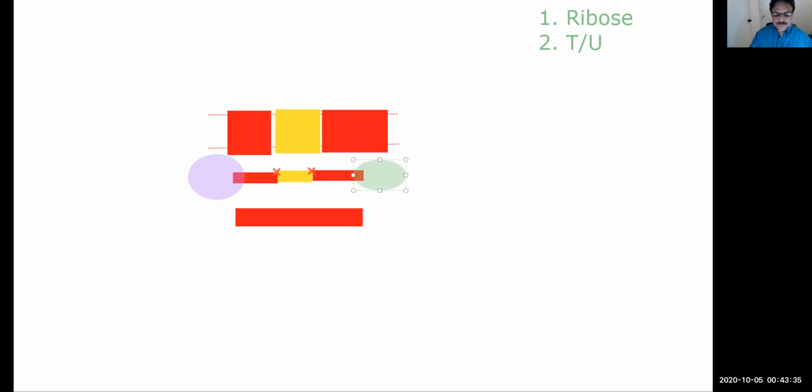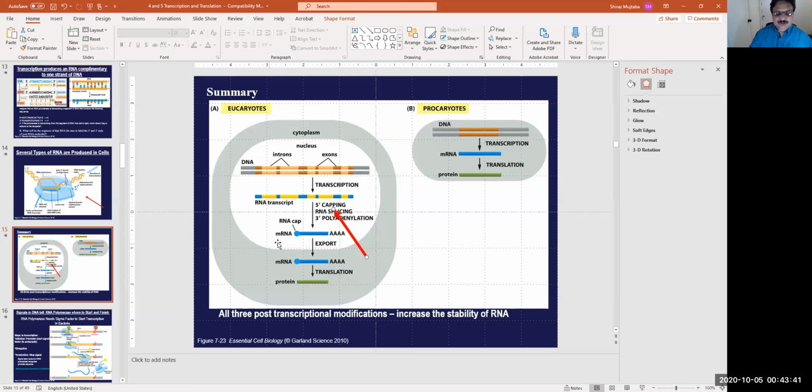And then the mRNA that comes out after splicing out the introns is exported out to the cytoplasm. Why to the cytoplasm? Because the cytoplasm has ribosomes.